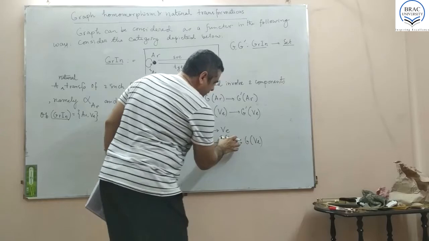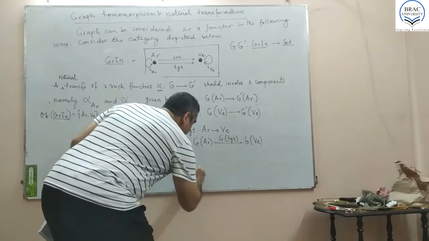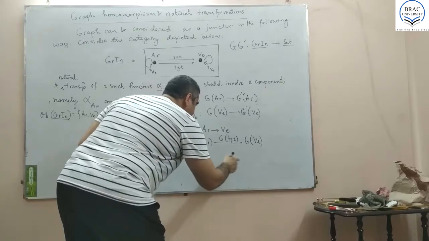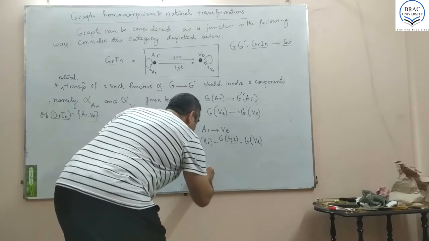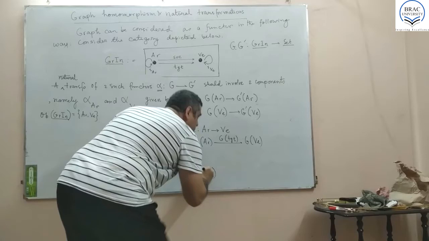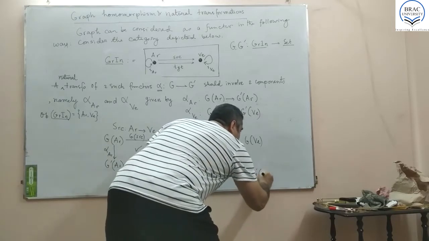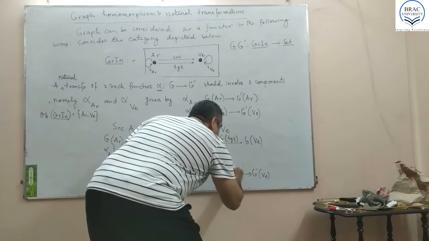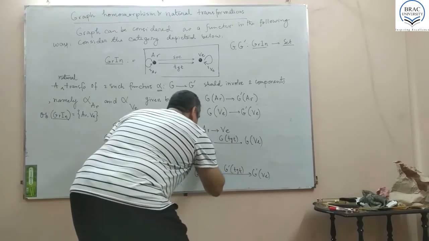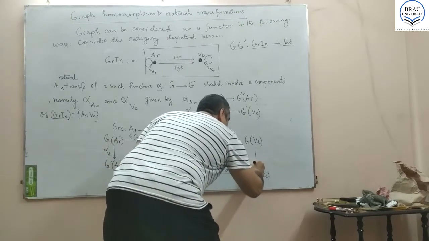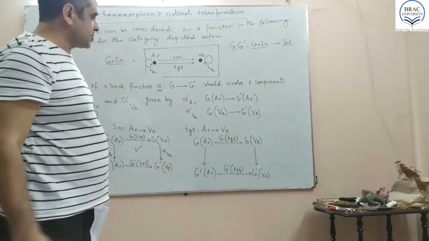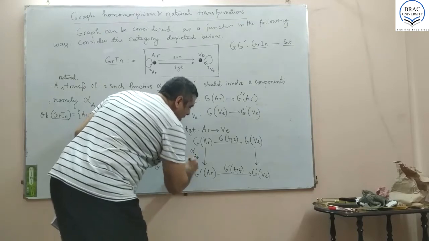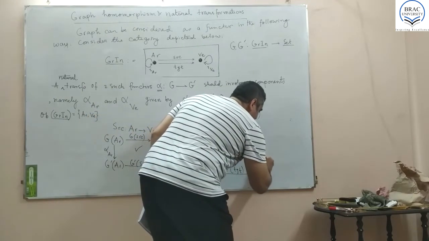This is the function between these two sets. So is this mu, the other function here between these two sets, G prime AR to G prime VE, and the function is G prime TGT. Okay? And now here are the two components of the natural transformation, which is alpha AR, and this is alpha VE.